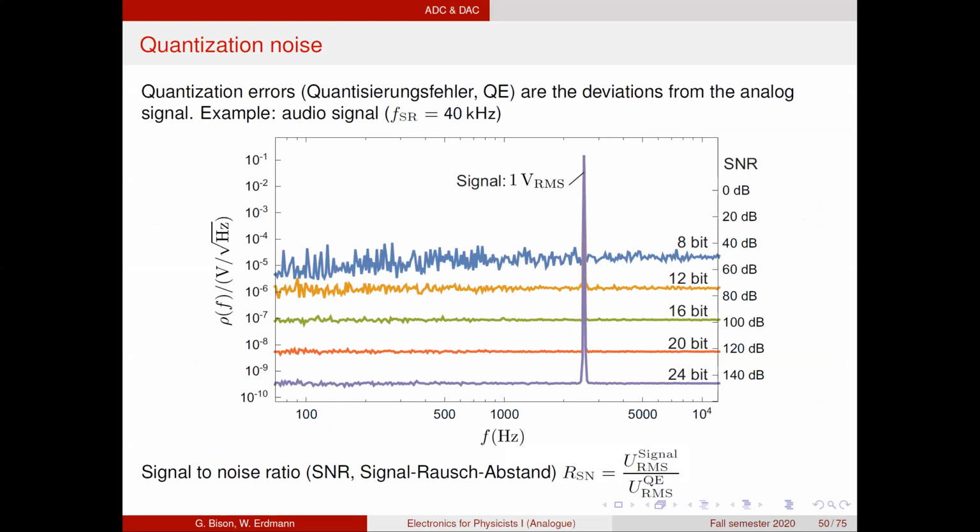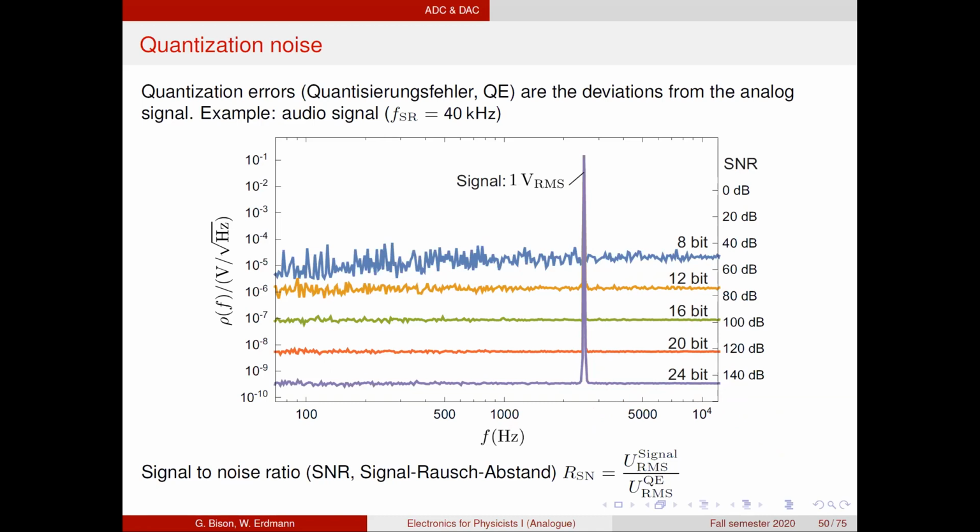So I generated the output that a perfect analog to digital converter would produce, and then calculated the spectrum of this output. And then you see, of course, the higher the bit resolution, the smaller this noise that accompanies the peak of the signal becomes.